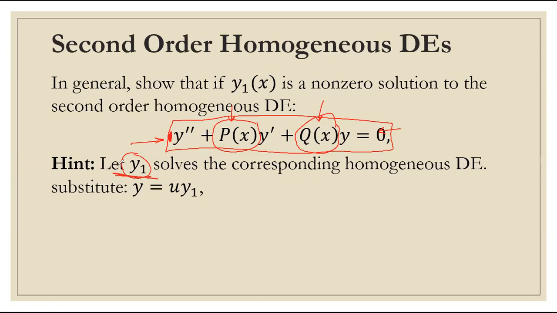Professor, the guessing is very difficult and I can't find any solution by inspection. What should I do? Actually, to make the problem easier for the students, I'm going to give you the first solution, and you need to find the second solution, because notice your differential equation is of second order, so you have two different independent particular solutions.